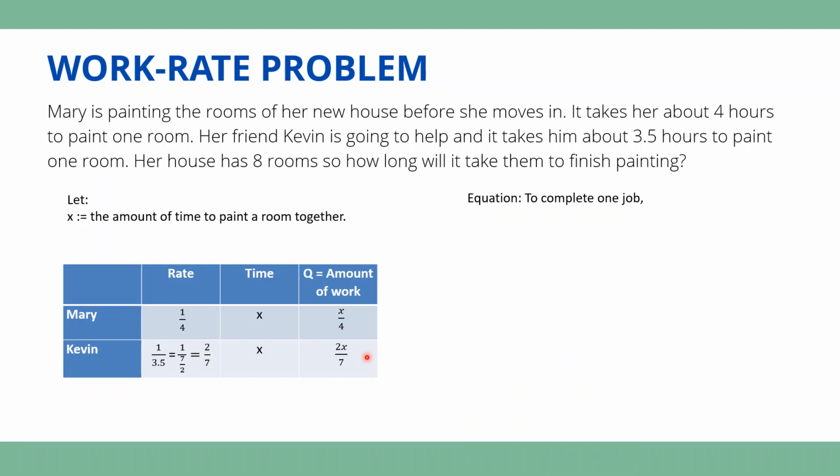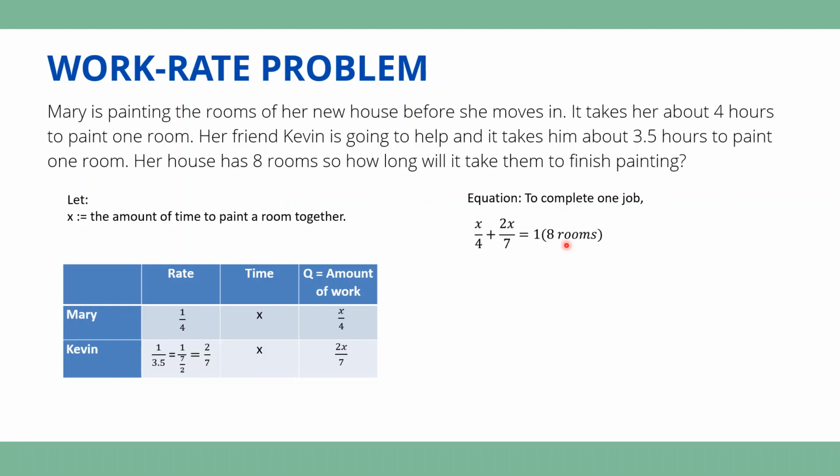Again, to complete one job, it's the same as our previous two examples. When they work together, we add their amounts of work, then set it equal to 1. However, in this case, our problem says we have 8 rooms.